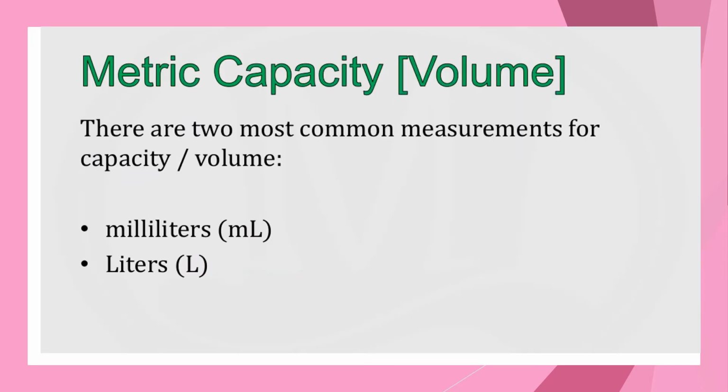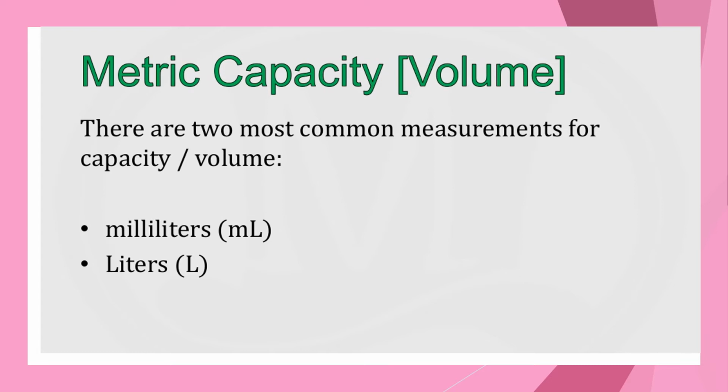Like we already know, we are talking about volume and capacity. And from this angle, we are going to be looking at metric capacity. There are two most common measurements used to measure volume and capacity.